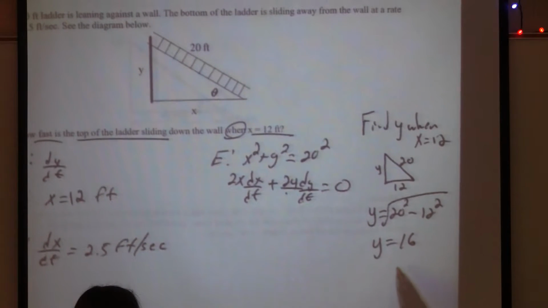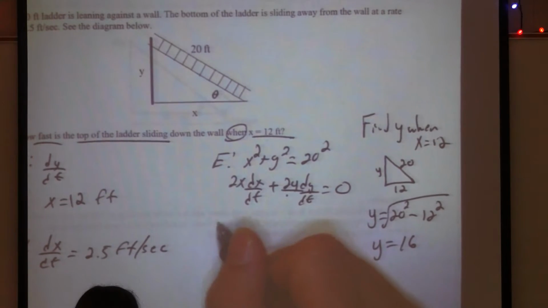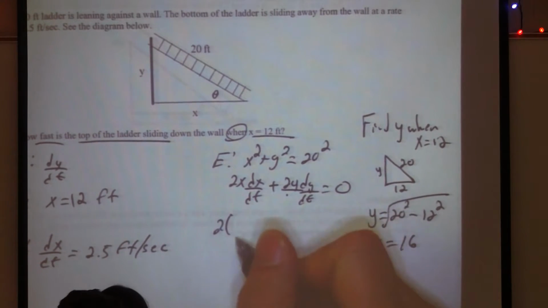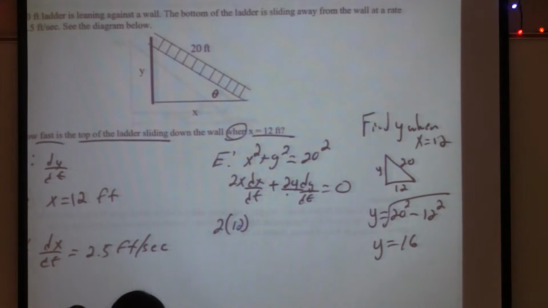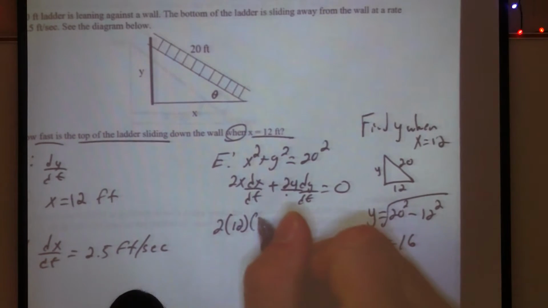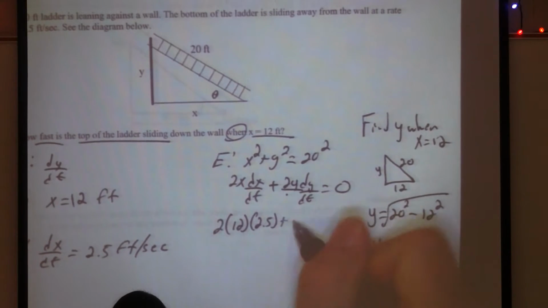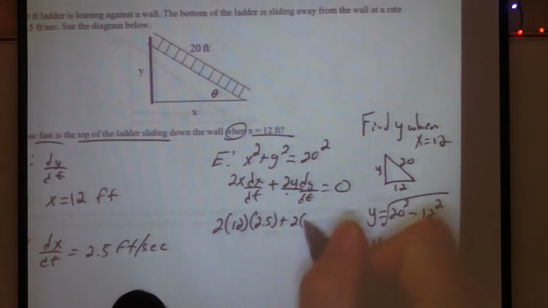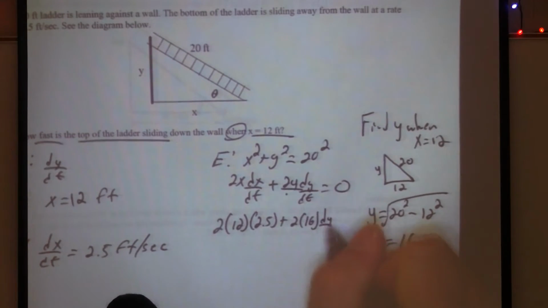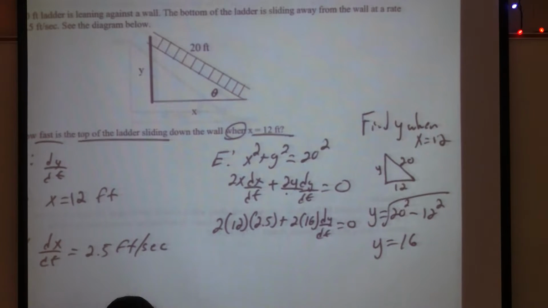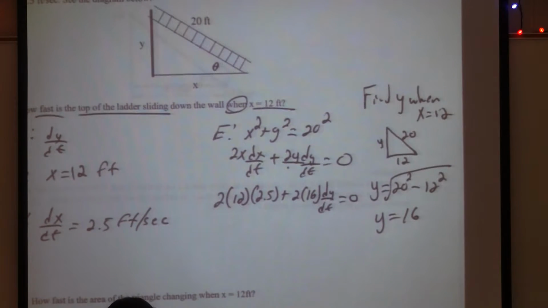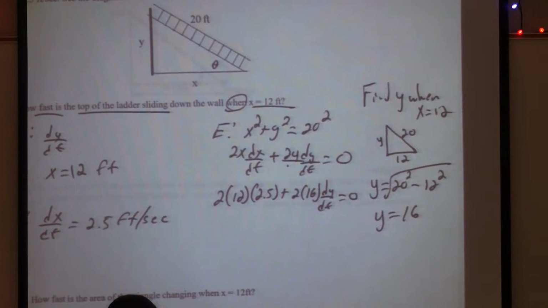Well, we're supposed to know our perfect squares from 1 to 20 at least. That's something you should master since Algebra 2. Okay, so y equals 16. Good? So let's plug in. So 2 times, what's x? 12 times 2.5 plus 2 times, what's y? 16 dy/dt equals 0. And I'm going kind of fast because these are easy problems. I want to get to the new stuff. So 2 times 12 is 24, and 24 times 2.5?